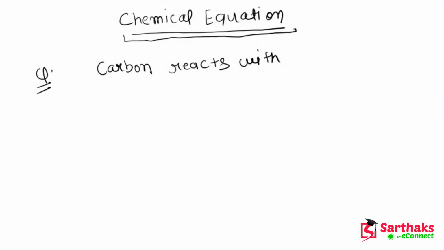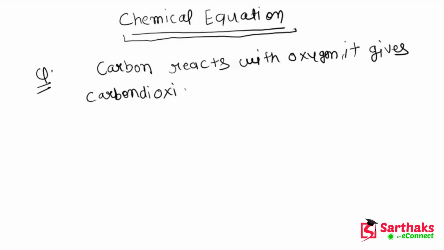We have been talking about this reaction since the very first slide: when carbon reacts with oxygen, it gives carbon dioxide as a result. Now if I want to write it, you can see how lengthy this process is. I have to write that carbon reacts with oxygen and gives carbon dioxide.